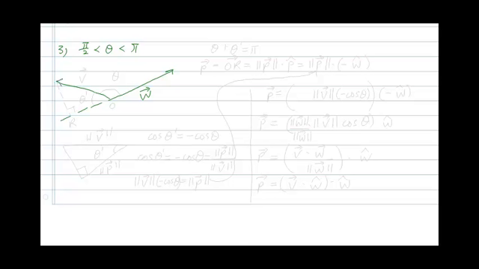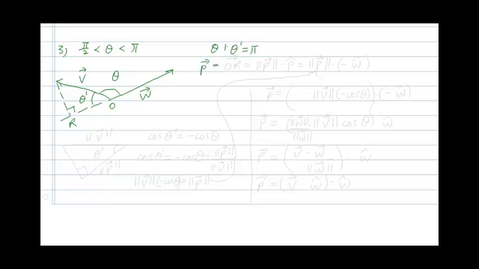Both vector V and vector W will have the initial point at O. We drop a perpendicular line from the terminal point of vector V onto the extension of vector W and call that point R. The angle between the two vectors is theta, and the supplementary angle of theta is theta prime. Theta plus theta prime equals pi because they are supplementary angles. Or we can call theta prime the reference angle.